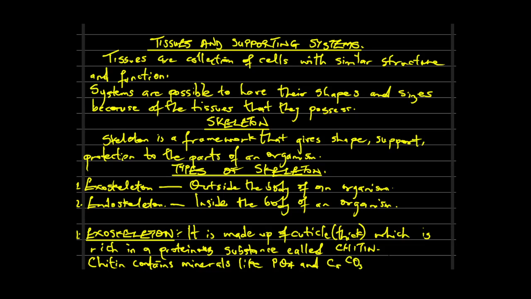So the exoskeleton has the cortical, and the cortical is rich in a proteinous substance called chitin. The cortical has chitin, which is a proteinous substance, and this substance contains minerals like the phosphate and calcium carbonates. So that is what we will be talking about on the exoskeleton.